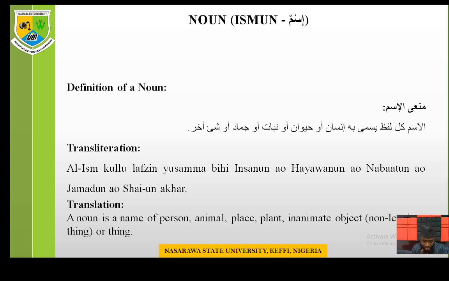They say a noun, but in the Arabic sentence we say al-isim, which we supposed to say the noun, because al here is our definite article, but a is our indefinite article.